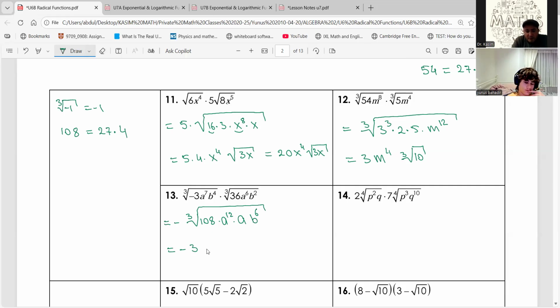And 12 divided by 3, it is 4, a to the power of 4. 6 divided by 3, it is 2, b squared. And the rest stays under the cube root. Here we have 4 and here we have a. That's it. So the answer is negative 3 times a to the power of 4 times b squared times cube root of 4a.